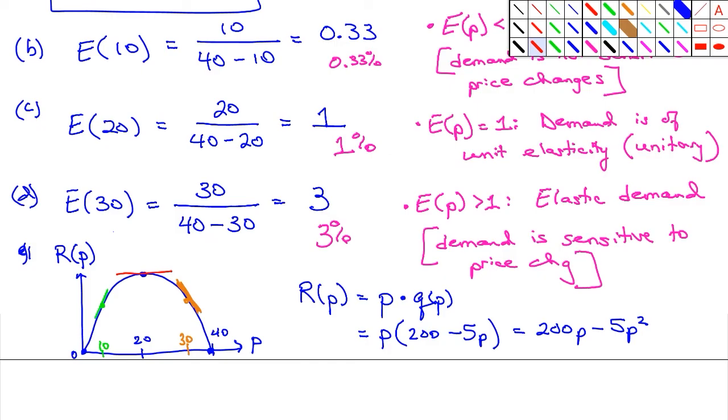And so the question might be, what do you notice? What are the regions? Well, the regions are this. Over here we have inelastic demand before the maximum. Then we have elastic demand after the maximum. And then at the maximum, we have unitary demand.